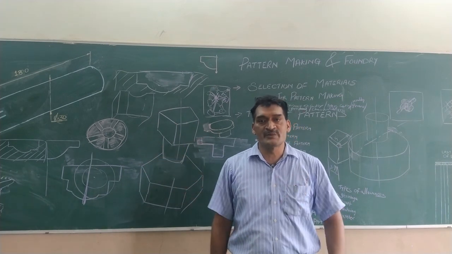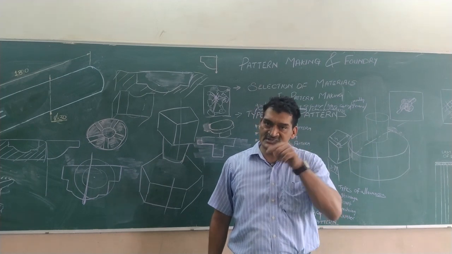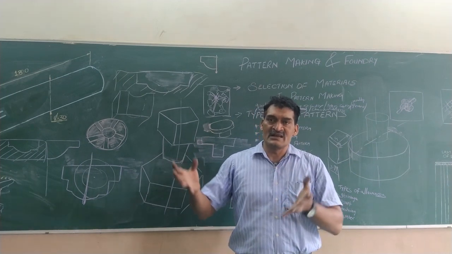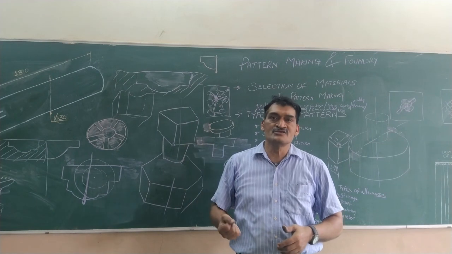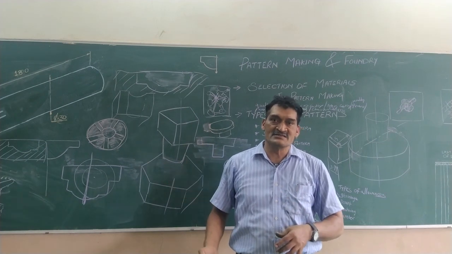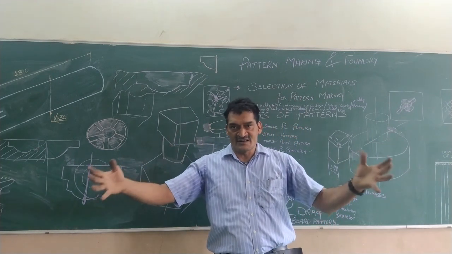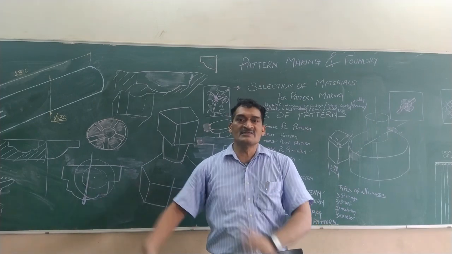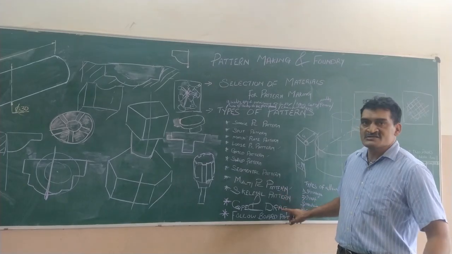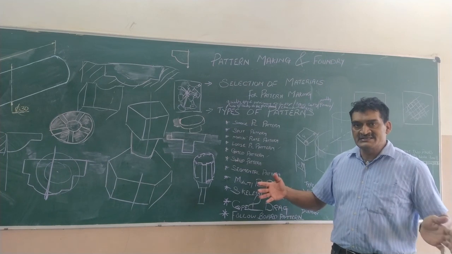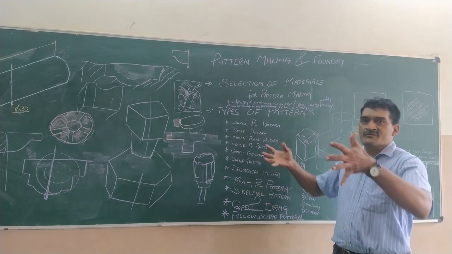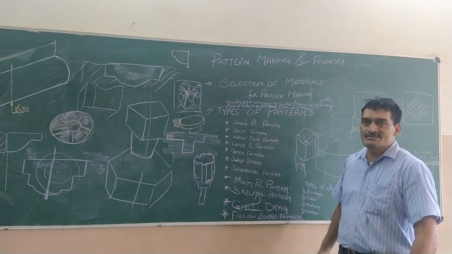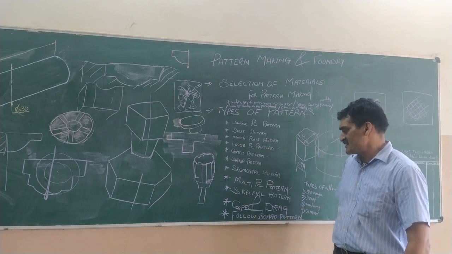We use machines to prepare a mold. Like you have a rammer that is huge and in the form of a machine. So you will have the mold prepared on the machine. Those patterns wherein to prepare the mold we use machines, it's called a cope and drag pattern.